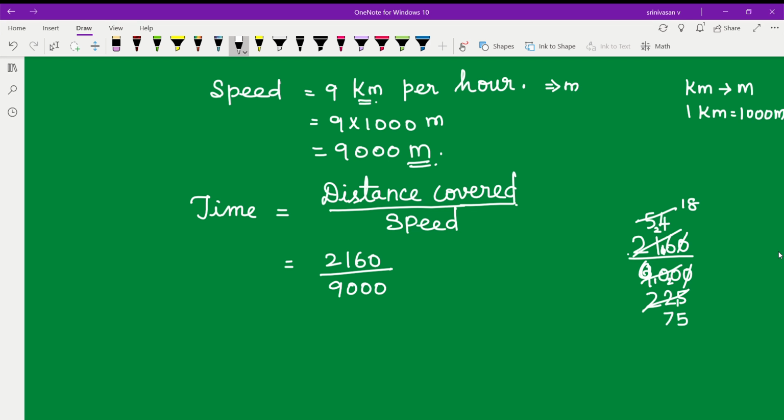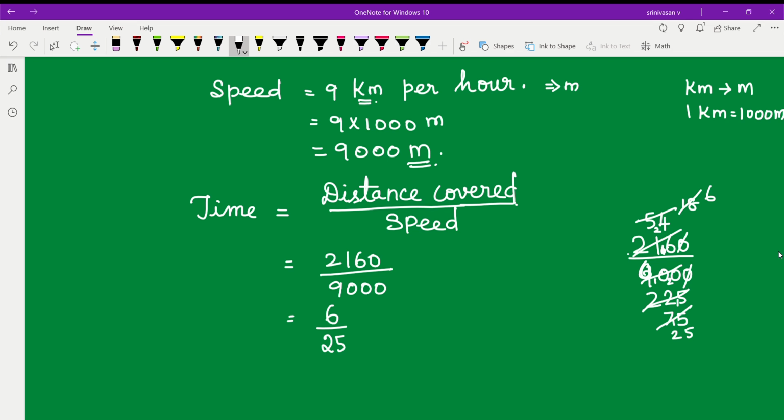Again we can use 3 table. 6 3s are 18, 2 3s are 6 and 5 3s are 15. Here we cannot divide 6 and 25 by the same number. So 6 by 25 is the simplest form.